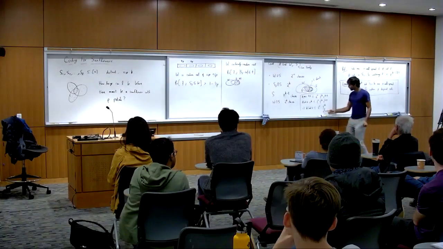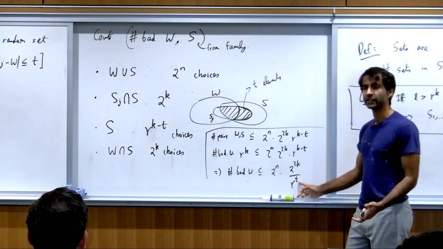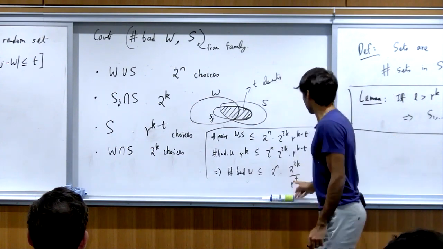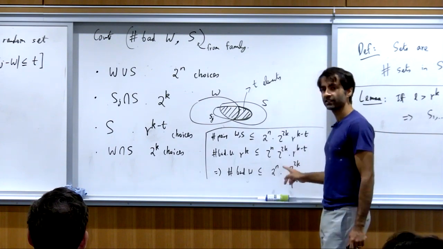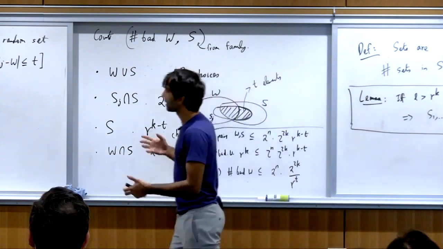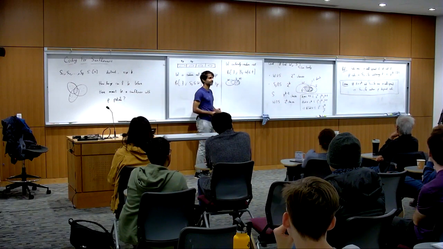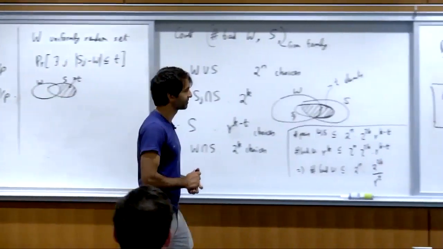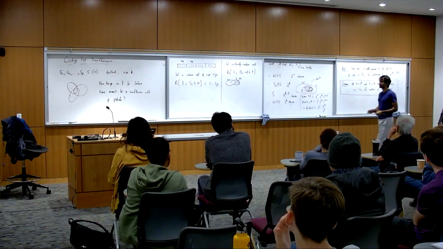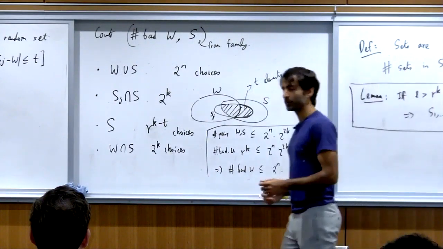So if you set r to be some large constant, then, for example, if t is like even k over 100, what you get here is that with high probability, except with exponentially small probability in k, there will be some set that's 99% of it is swallowed up by W. And this is sort of the key idea of the proof. So if anyone has any questions, now would be a good time to ask.